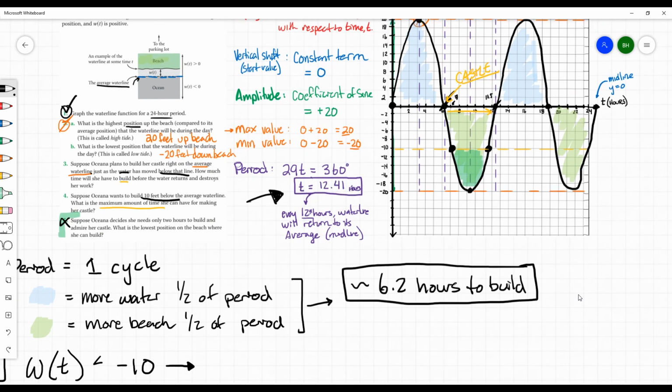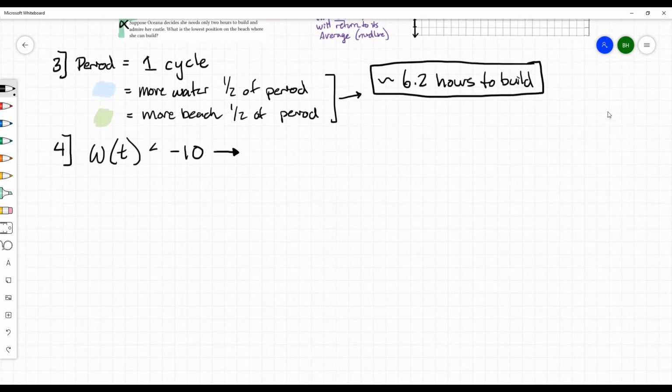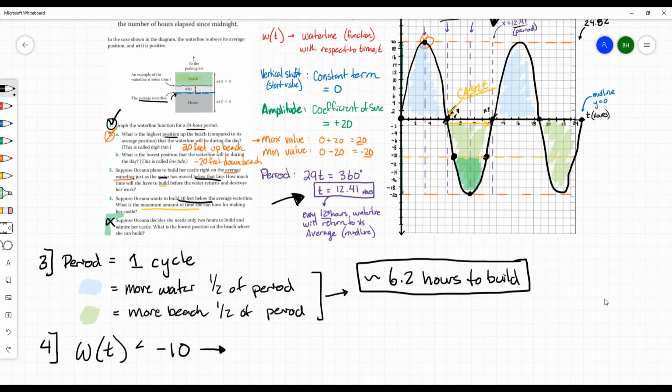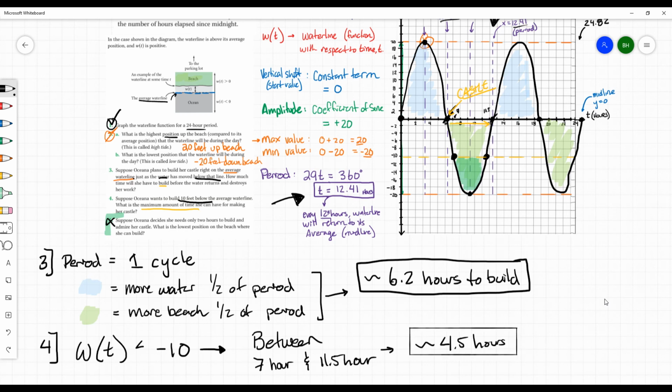So here in this problem, we're going to look at between hour 7 and hour 11 and a half, which will give us a value of around 4.5 hours, which makes sense because before, to be exactly at the average line, it is 6 hours. And now that we're below that average line, we're looking at about 4 hours.